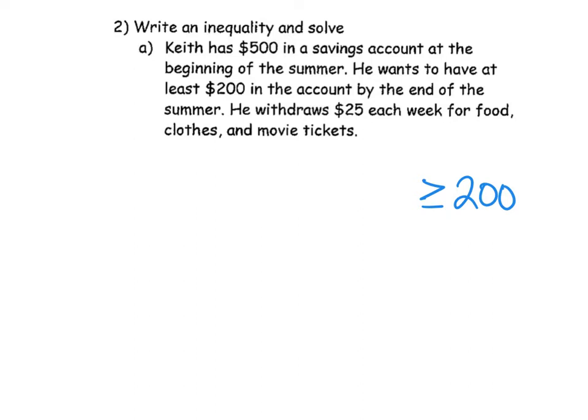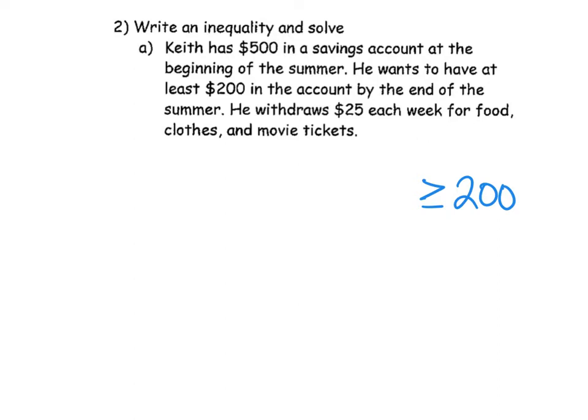He withdraws 25 each week. Okay, first of all, he's going to be starving. $25 a week. But how do I identify my variable? What do I do with the 25? Each. That each word. When you see that each, that helps you figure out, hey, variable, each.